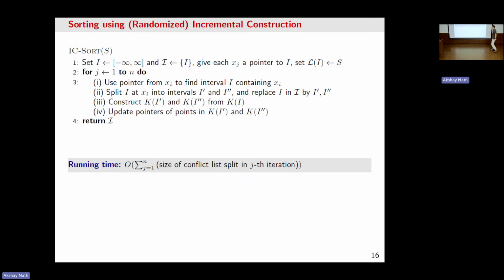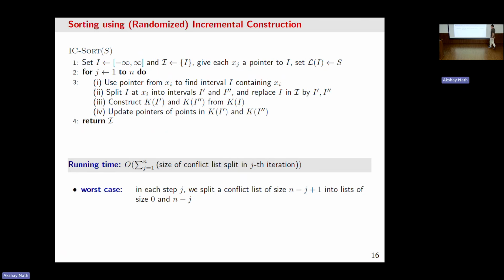All of this is linear in the size of the conflict list that we're splitting. For every point, we decide whether it goes left or right. So in the worst case, as in the example that was suggested, this is linear in how many points we still have left.